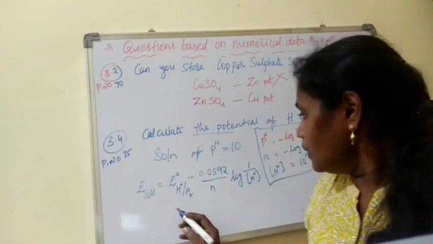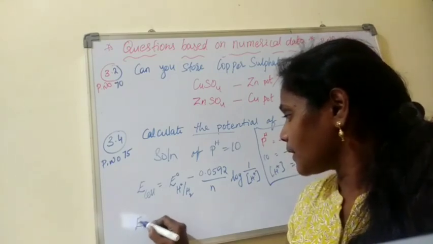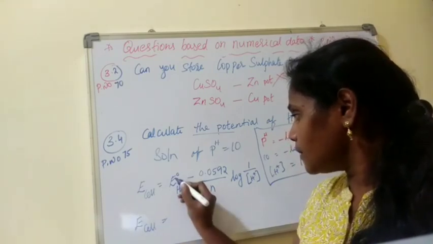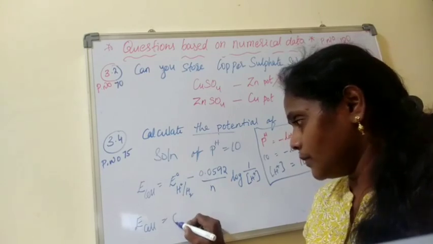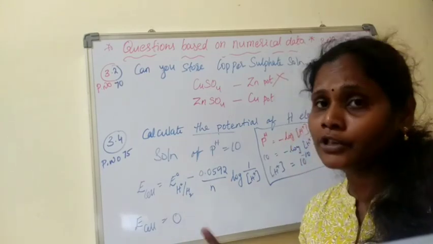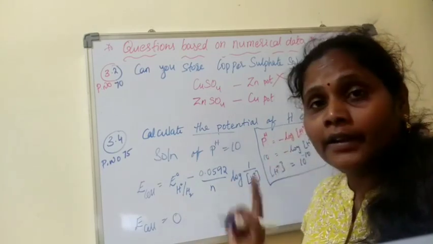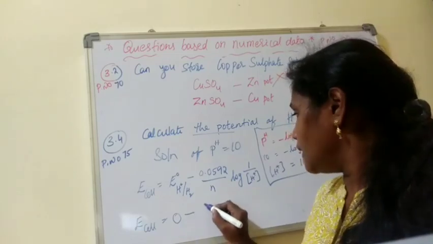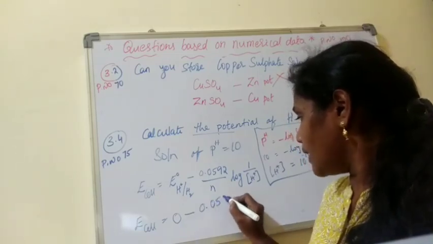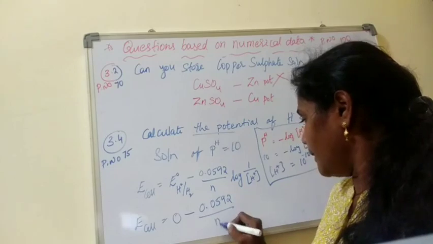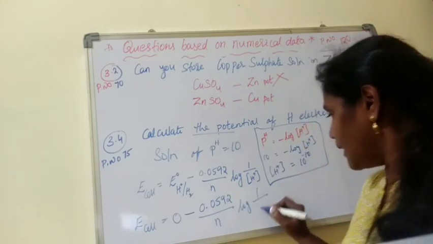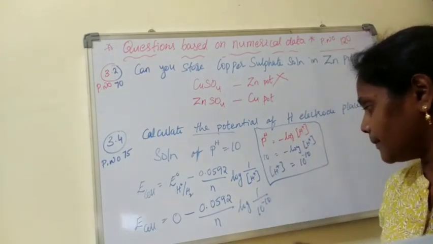Okay, so now I have to substitute it. E cell is equal to E naught of that cell, which will be 0, yes. Standard hydrogen electrode is 0, but not at different concentration. Then minus 0.0592 by n, log 1 by 10 to the power of minus 10.